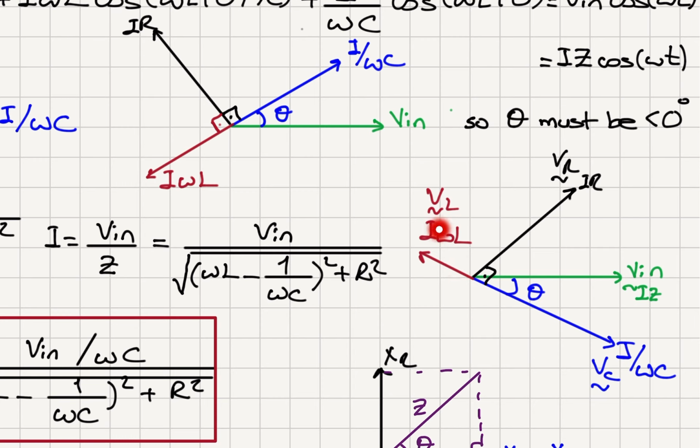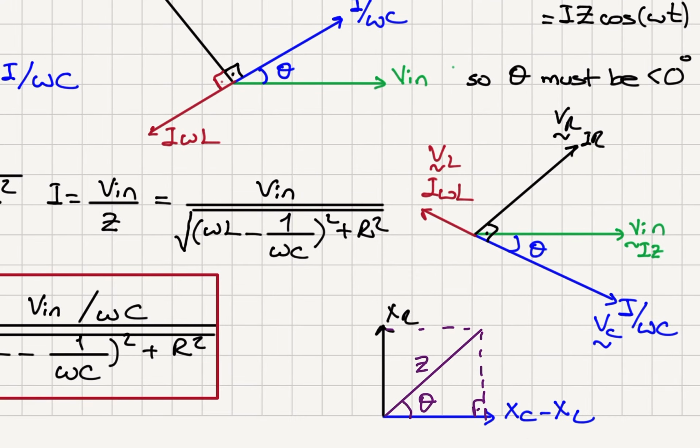So we have the inductor voltage phasor. So you can see that 1 over omega C minus omega L would be here, and R would be here. So these would add up to give us the impedance of the circuit Z, making an angle theta with respect to the x-axis, which is this axis in this case.